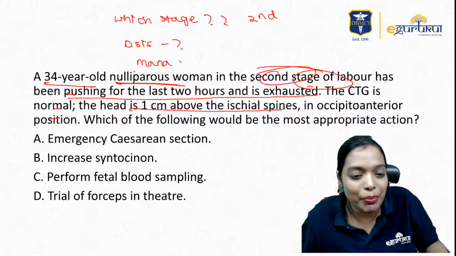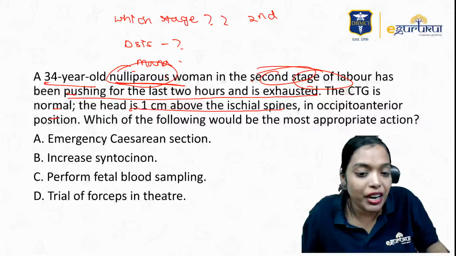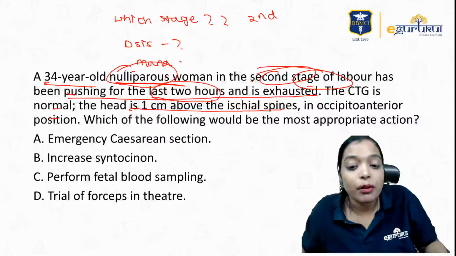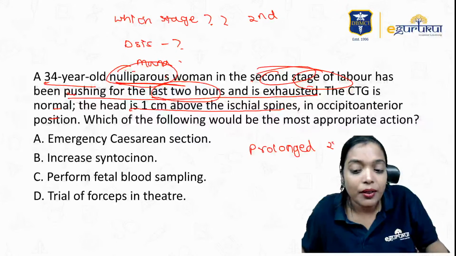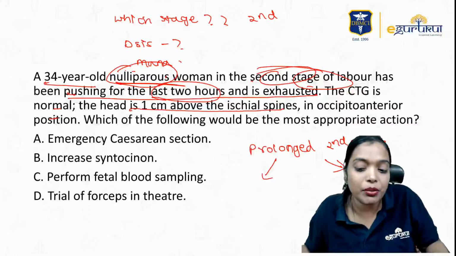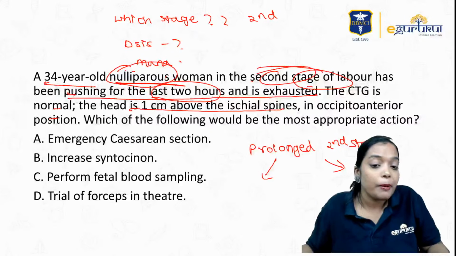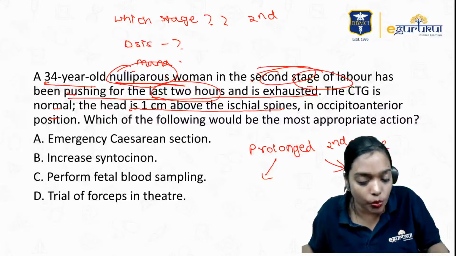And she's a nulliparous, so primary. So primary nulliparous, she's been pushing for last 2 hours. Then it means it is a prolonged second stage. Then immediately our head should go for the table of the prolonged second stage. So in prolonged second stage, the management depends on the station of the fetal head. So when head is 1 centimeter above the ischial spine, it is vertex minus 1.